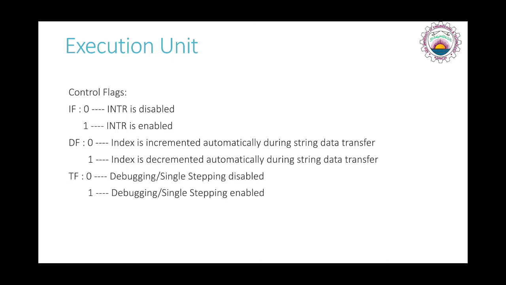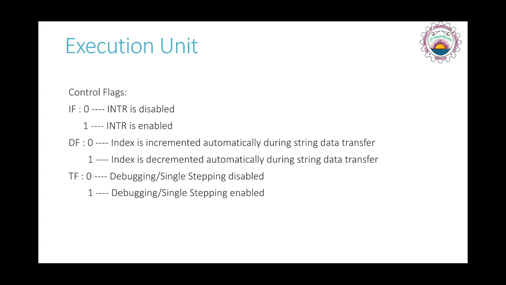So in case of string data transfer instructions, direction flag may be used to automatically increment or decrement these two registers. Detail will be discussed when we will be discussing string data transfer instructions within the instruction set topic. Up till now, you should know that direction flag may be assigned logic 0 by using the CLD instruction, and direction flag may be assigned logic 1 by using the STD instruction.